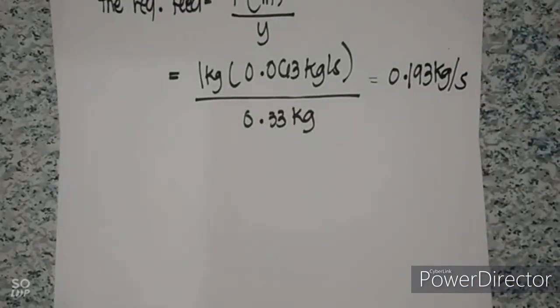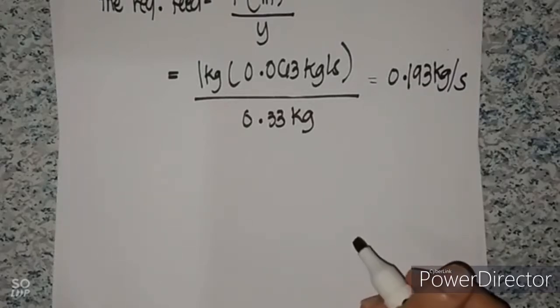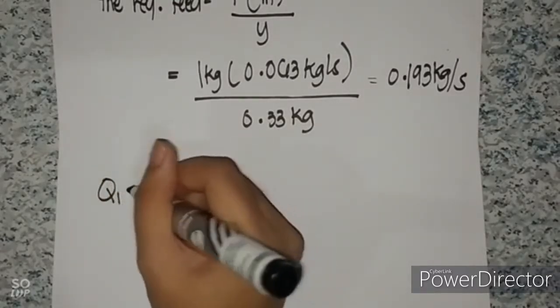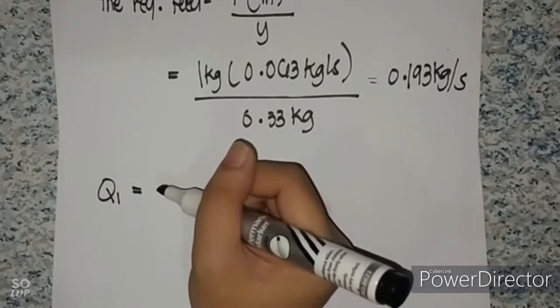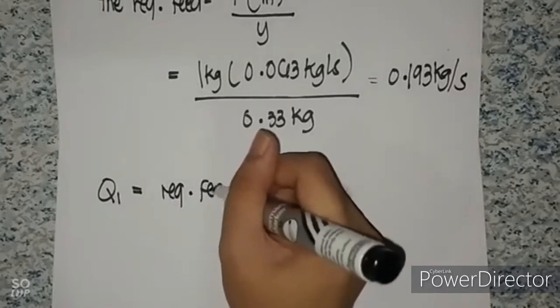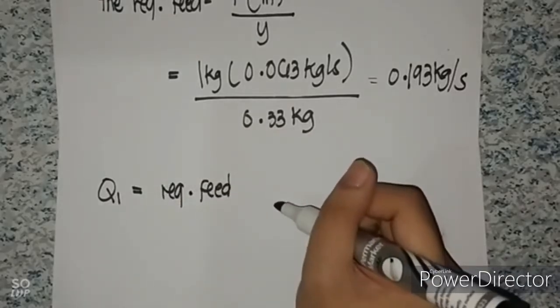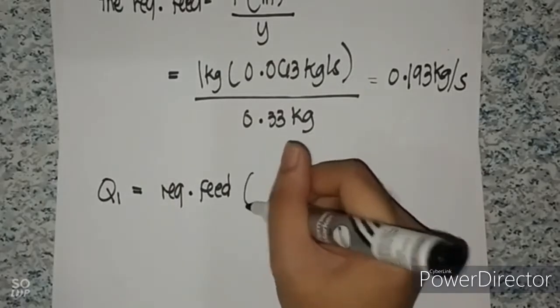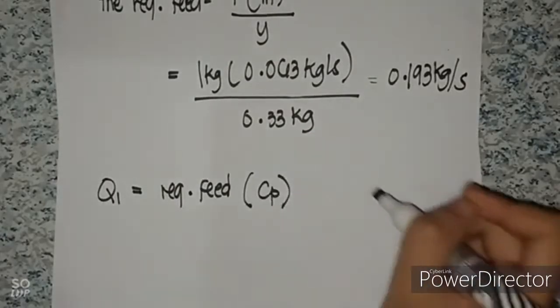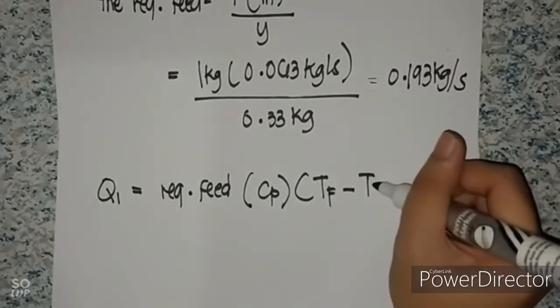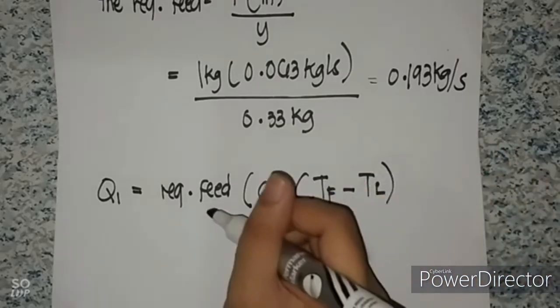Okay, so now let's calculate the initial heat, Q1. Q1 is the heat in the feed, which is the mass flow rate required times the specific heat times the temperature in the feed minus the temperature in the liquor.